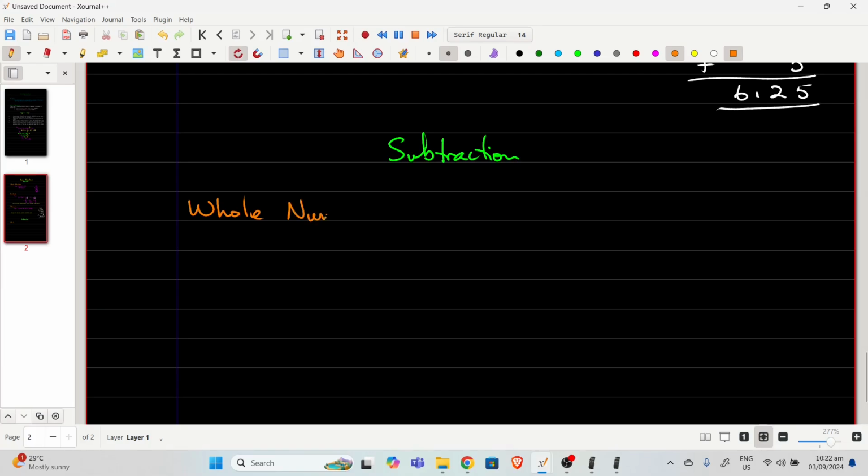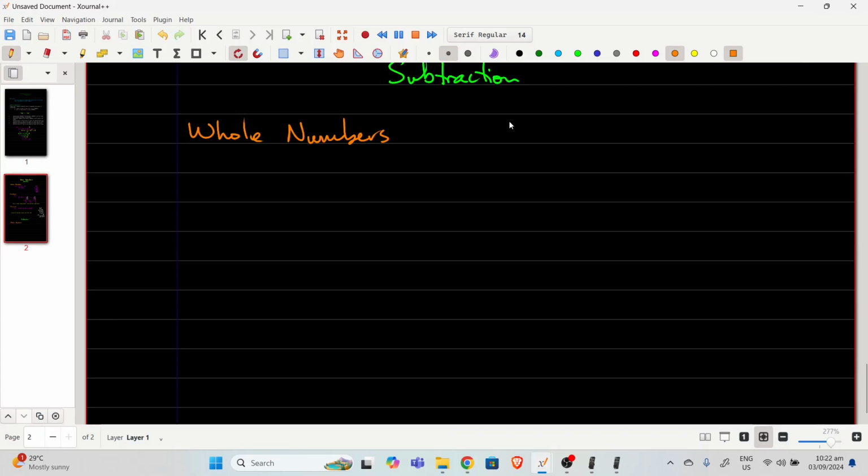Whole numbers. All right, so whole numbers, we are looking at, let's say an example. Let's say we have 9 minus 5, we'll get 4, right? So you just subtract the numbers directly, okay?